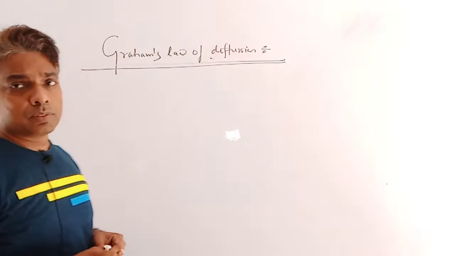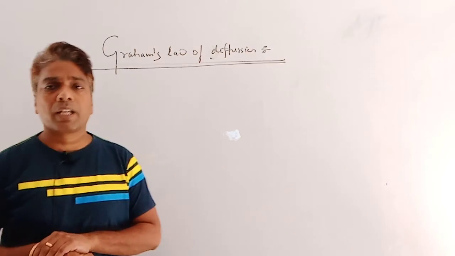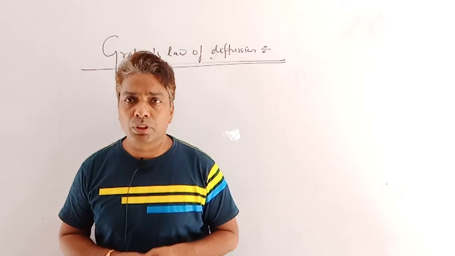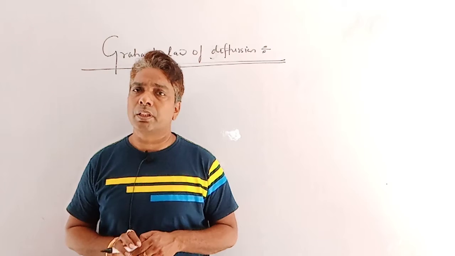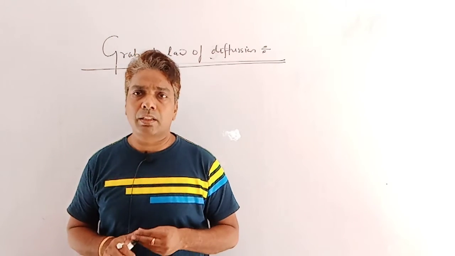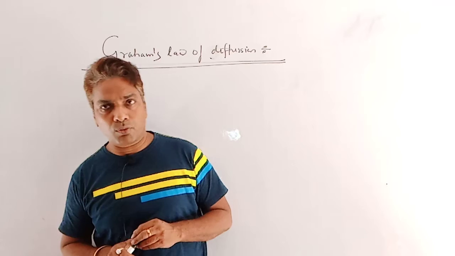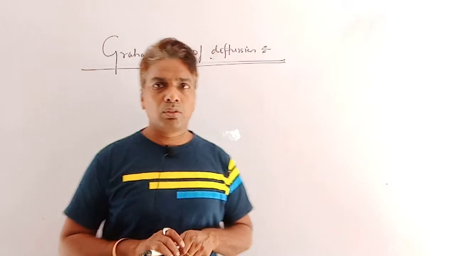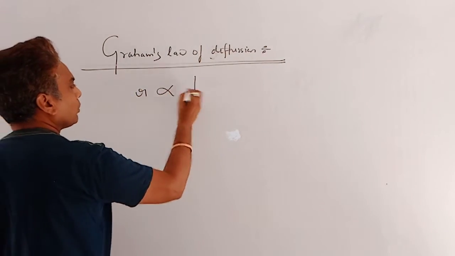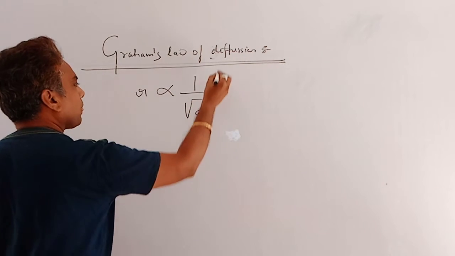According to Graham's law, the rate of diffusion of a gas is inversely proportional to the square root of its density. If D is the density of the gas and small r is the rate of diffusion, then according to Graham's law, r is inversely proportional to under root D.